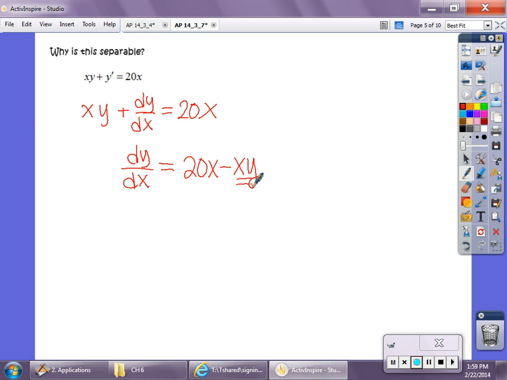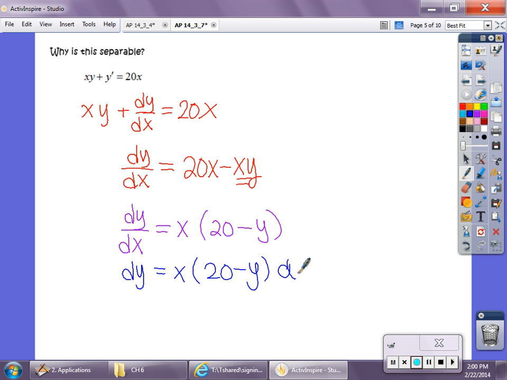It really looks like it's not separated, but what I want you to notice is both of those terms have an x in common, which means I can factor an x out. And now that I did that, hopefully you noticed, we can multiply both sides by dx. Oh sorry, that's supposed to be an x. I can divide by the 20 minus y, and we end up with dy over 20 minus y is equal to x dx.